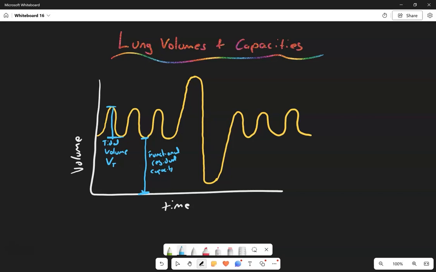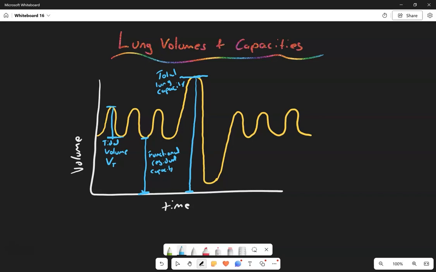Now, after this forceful inhalation, this is essentially how much air you can forcefully fit inside of your lungs. And this is known as your total lung capacity. That's your total lung capacity right there.